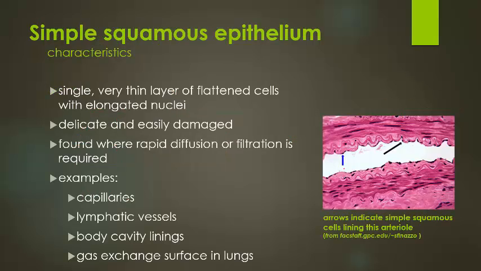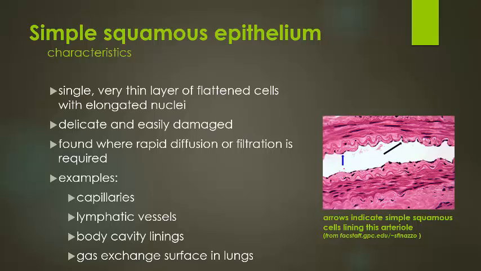All right, so simple squamous epithelia are a single layer, and they're thin. So it's a thin, flattened layer of cells. And when you look at them, they have very thin or elongated nuclei. Now these are very thin, very delicate, very easily damaged tissues, and so they are well protected where they're found.